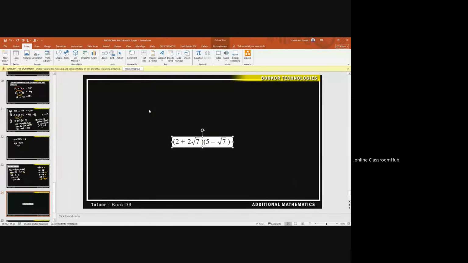So in 30 seconds, let's find the value of this: 2 plus 2√7 multiplied by the bracket 5 minus √7. Okay, so if you are ready, you should be able to do this one in 30 seconds.